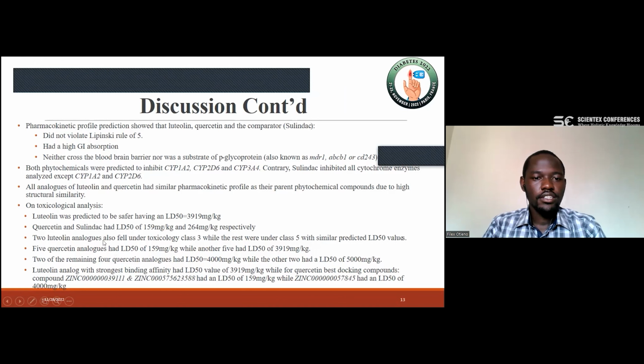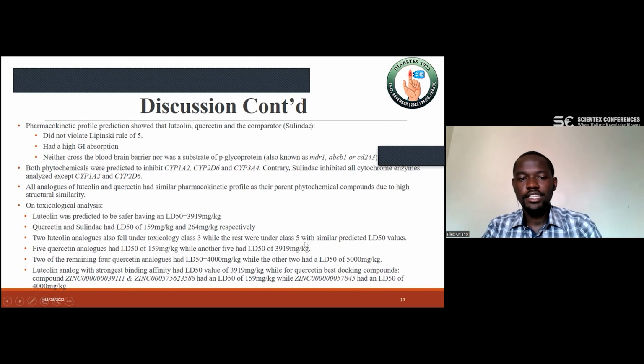Two luteolin analogues fell under class 3. So for luteolin, we had 8 analogues that had a better binding affinity than both the parent phytochemical and the comparator. Out of those, 2 were under class 3, while the rest are under class 5 with similar predicted LD50 values. So usually class 5 is much better than class 3.